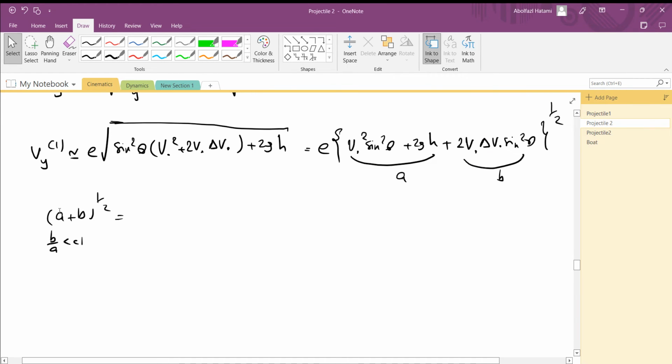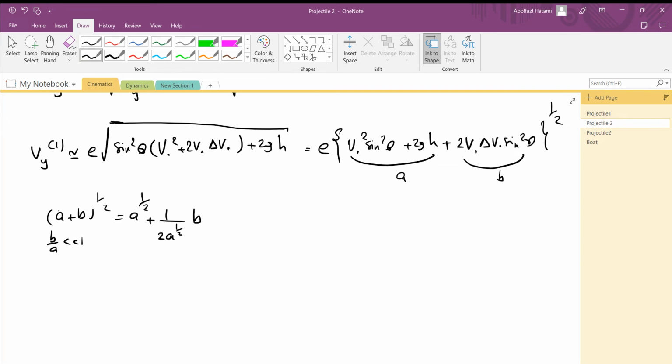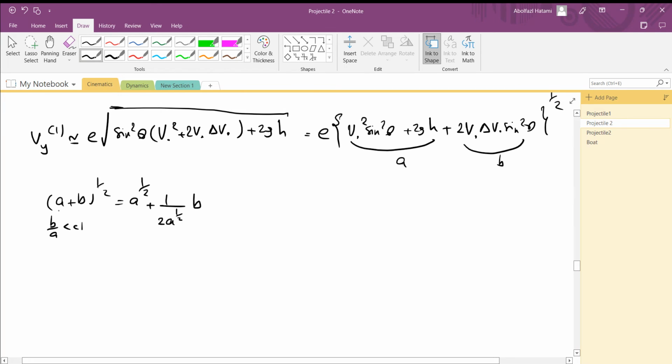What is (a plus b) to the power 1 over 2? It's just a to the power 1 over 2 plus 1 over 2 a to the power 1 over 2 times b.